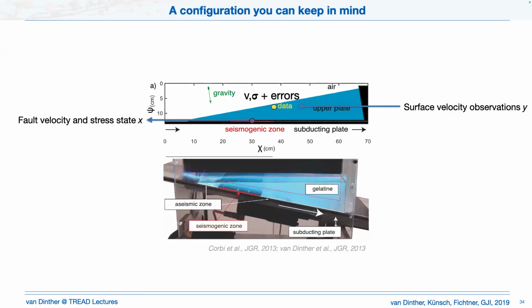So when I'm explaining, maybe it's useful to keep this configuration in mind. Here we're just looking at a simplified subduction zone from a laboratory model, where the tilting surface is the Earth's surface, and horizontally we see the megathrust of the subduction zone, and below is the plate that is subducting down, that is not modeled.